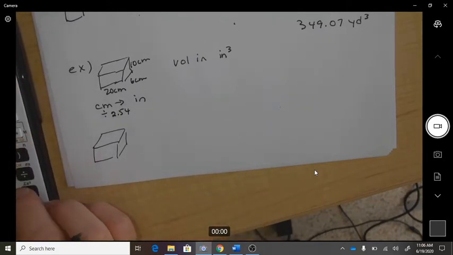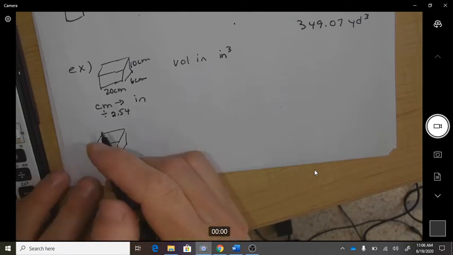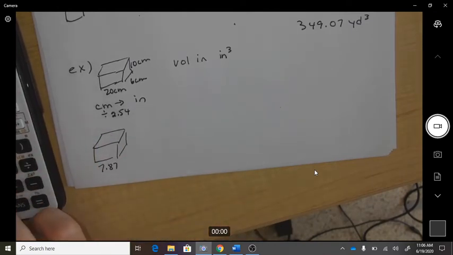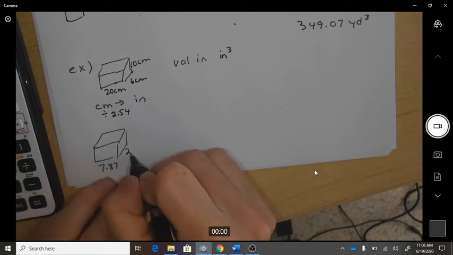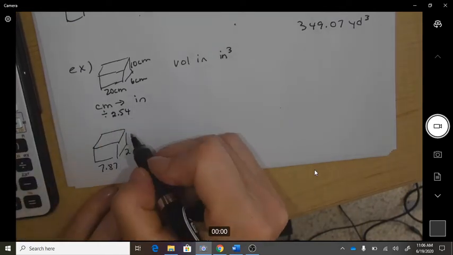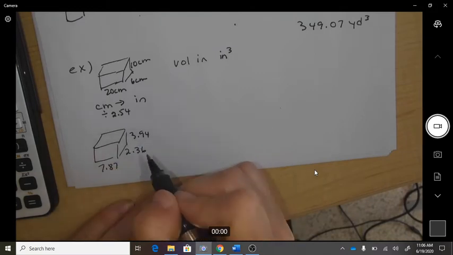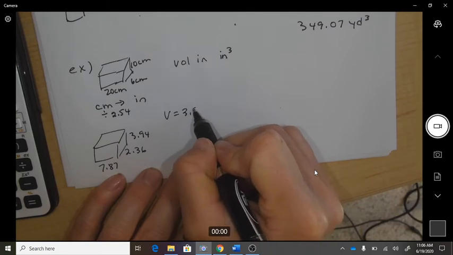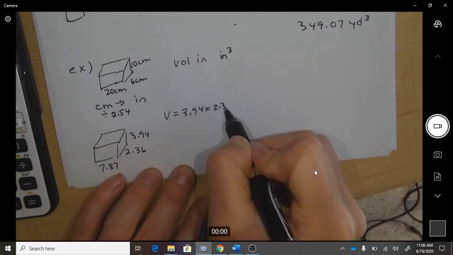Okay, so 20 divided by 2.54, 7.87. So there's your dimensions, so volume equals, and then you would just times all of those numbers.